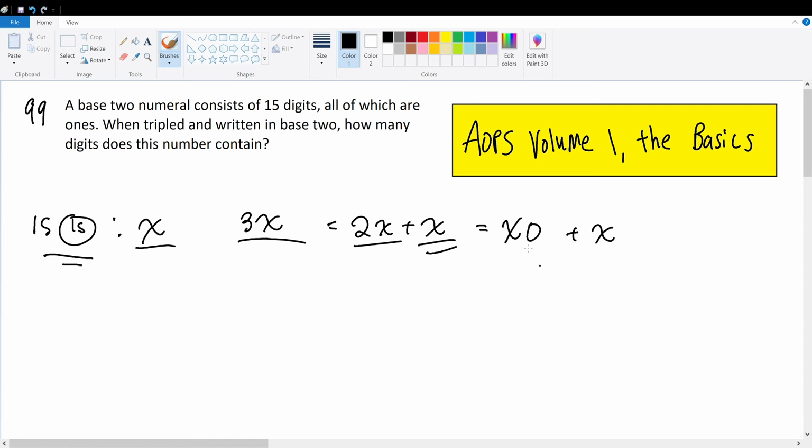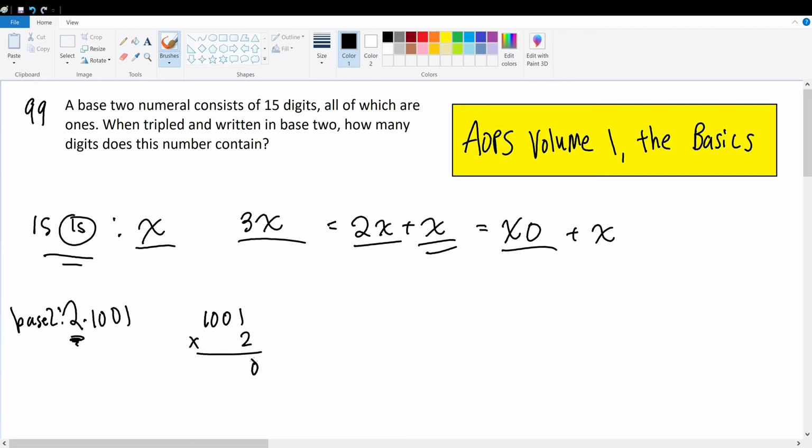And what do I mean by x0 and how did I even get x0? Well, first of all, this is a little trick that you must understand when dealing with different bases. So let's say I have the number 2 times 1001, which is in base 2. And since 2 is greater than 1, we must carry and do some operations. So 1001 times 2. 1 times 2 is 2, but 2 is greater than 1.